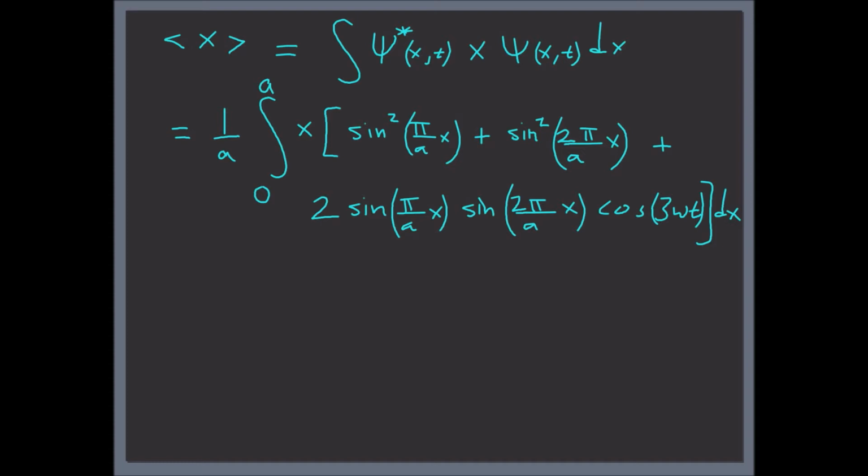So the first integral, we're gonna break it into 3, okay? The integral from 0 to a of x sine square of pi divided by a x.